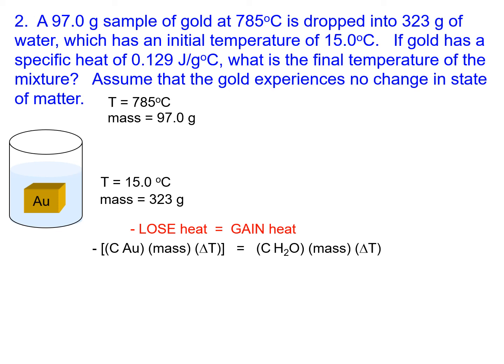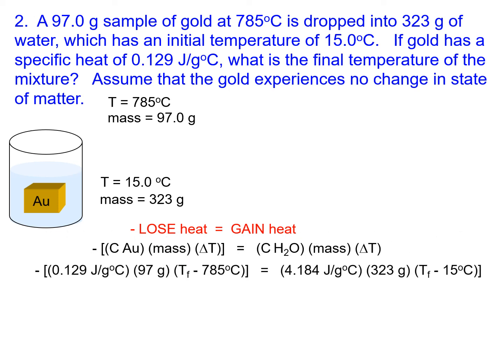So the negative sign would be on the gold because it's giving off heat, and the positive sign would be in the water. If you first set up your equations like this, you'll have a lot less chance to actually make mistakes. So your specific heat of water is 4.184, the mass is 323 grams, and your change in temperature is T final minus 15.